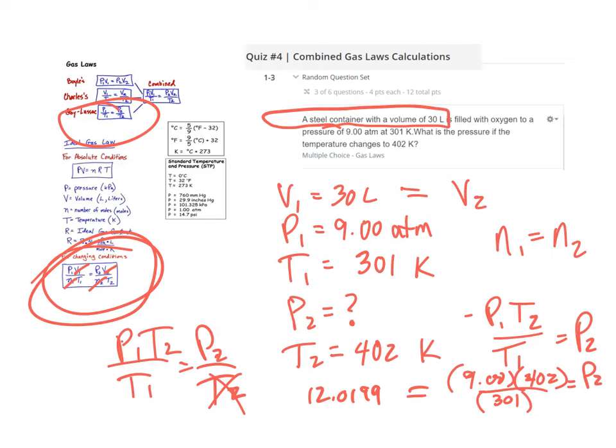The two temperatures in Kelvin are going to cancel out, and P is in atmospheres, so this will also be in atmospheres. They didn't ask for any specific units, so we'll just leave it as atmospheres. They didn't say to round it either, so if I leave it like that, I'm going to probably be okay.